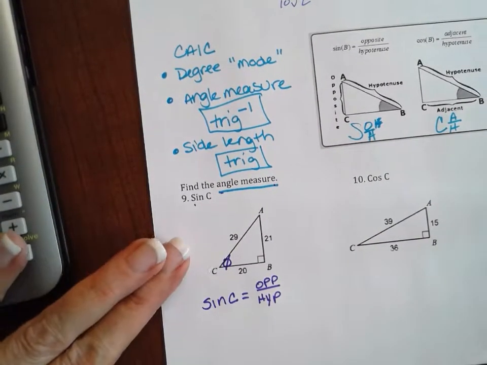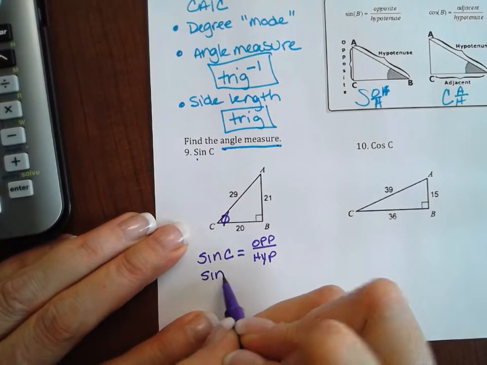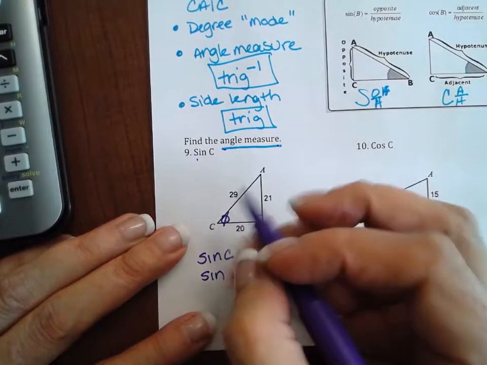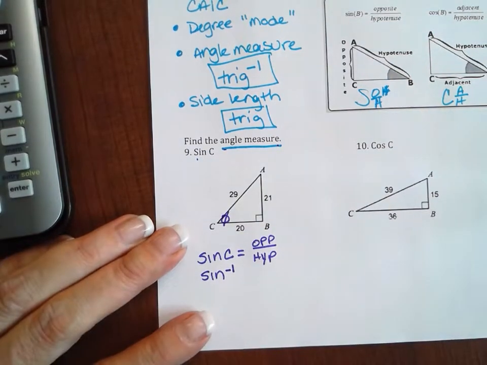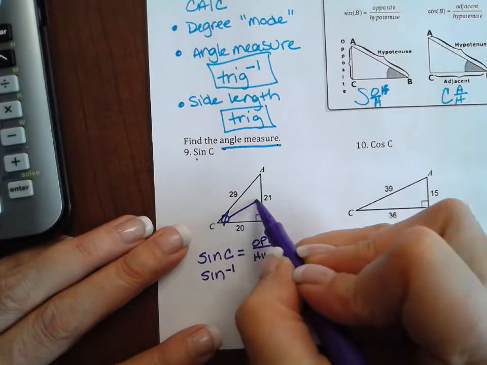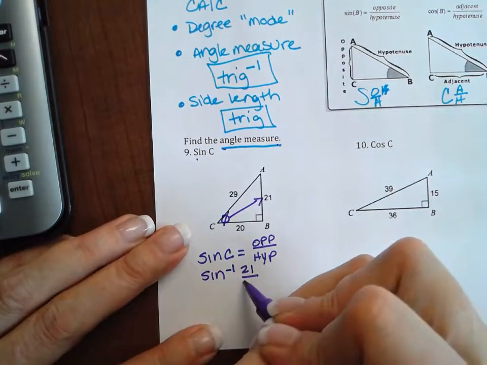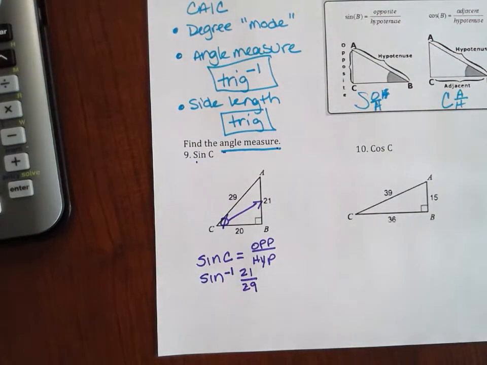Let's plug and chug what we know. I don't know theta, that's what I'm looking for, so I'm going to use the inverse button. My opposite is 21, and my hypotenuse is 29. Does that ring bells?